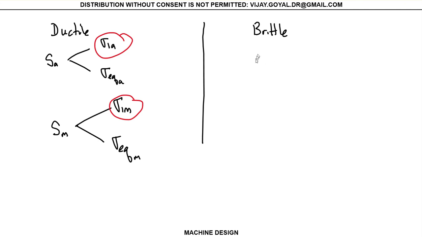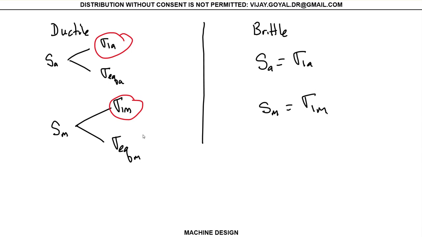For the brittle material, we don't have a problem because we are going to set SA equal to your principal stress, and SM to your maximum principal stress, sigma 1.